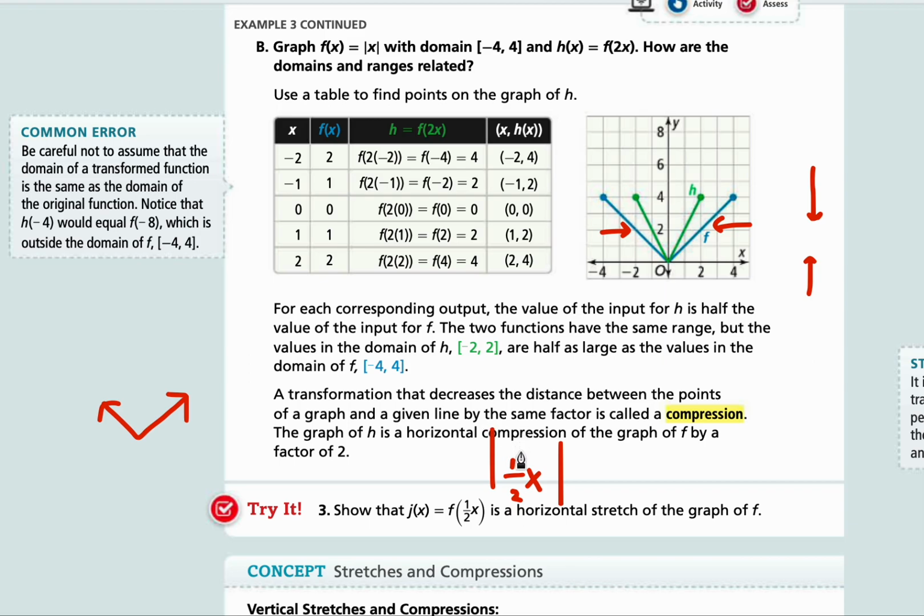So if your domain is -4 to 4, how big can your x become when you graph from -4 to 4 ultimately? So how big can you plug in numbers for x? So you can plug in numbers from -8 to 8, right? Because -8 divided by 2 will be -4, and that fits into our original domain. And +8 divided by 2 is 4, again, and that also fits into our domain. So your table should be from -8 to +8 for x.